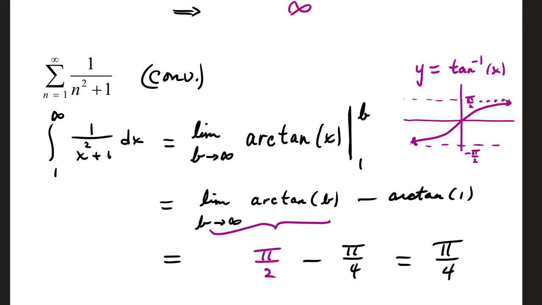Arctan of 1 on the unit circle at pi over 4, you have a tangent value or y coordinate divided by x coordinate of 1. So arctan of 1 is pi over 4. This has a finite difference telling us that this series converges. It doesn't tell us what the sum is, it just tells us that it's convergent.